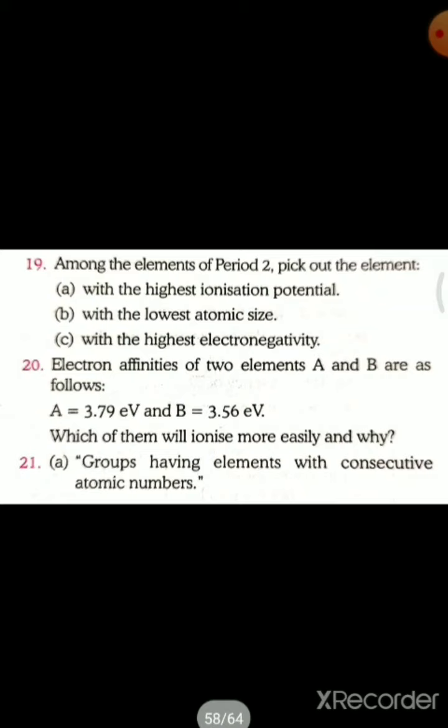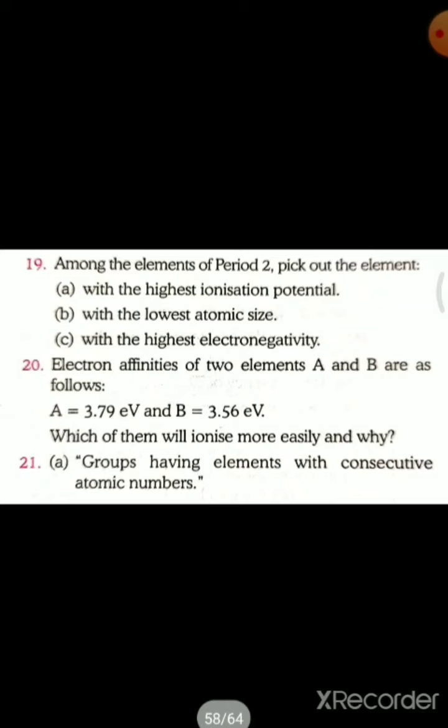Then the next question, number 20. Electron affinities of two elements A and B are as follows: the electron affinity of A is 3.79 electron volts and B is 3.56 electron volts. Which of them will ionize more easily and why?